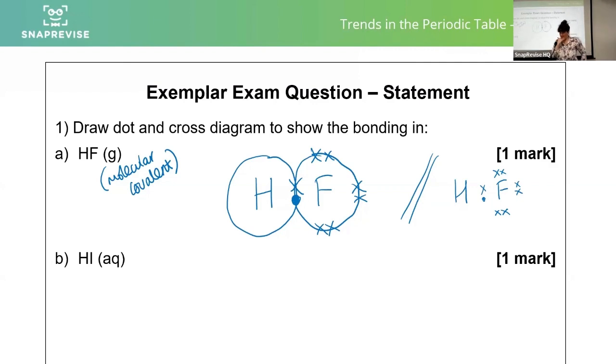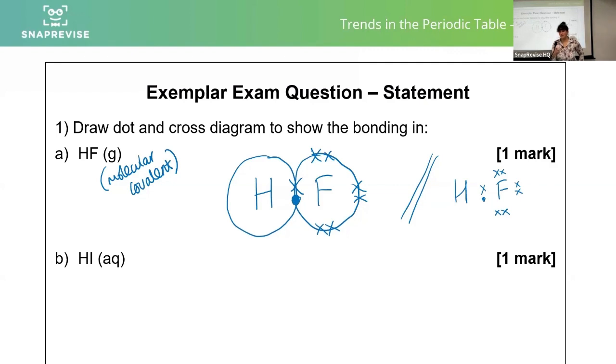HI, what about the bonding in HI? So again, because it's aqueous and it's a substance, it's dissolved. So it's very unlikely that it is dissolved in water as a complete molecule. Technically it could have, but because we know that this is hydrogen, which can behave as both a metal and a non-metal, and iodine, which behaves as a non-metal, the likelihood is way, way more likely that this is going to be ionic.